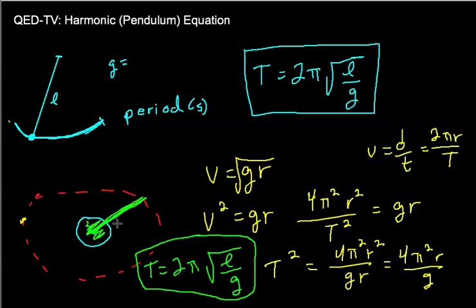This L is the radius of the orbit, and this g would be the gravity at the satellite's particular location. So hopefully we showed that the pendulum equation and the period of an orbit are exactly the same equation. So hopefully that helps you a lot with the pendulum equation.